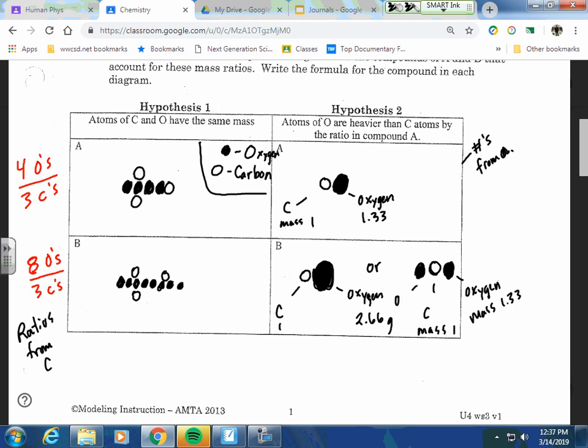Would this make more sense? It does, because now in both pictures, oxygen and carbon both have the same mass. Okay? So that would make more sense.